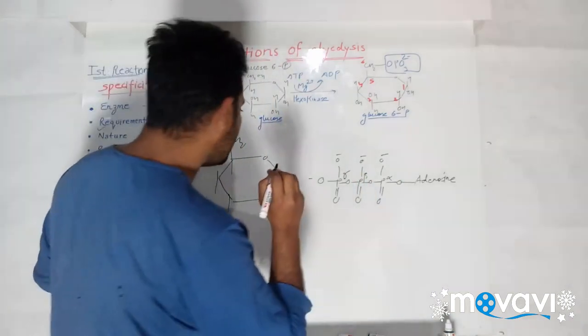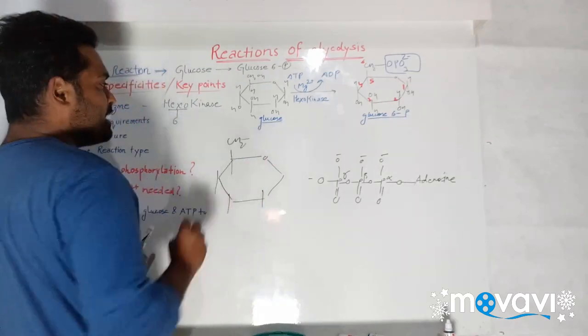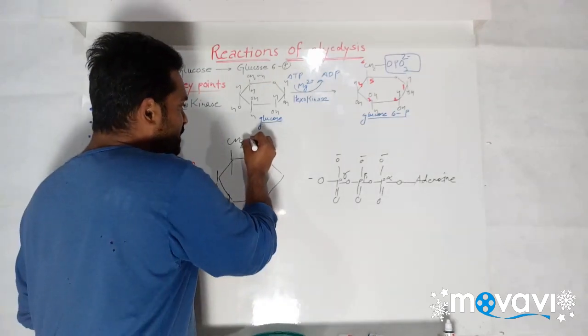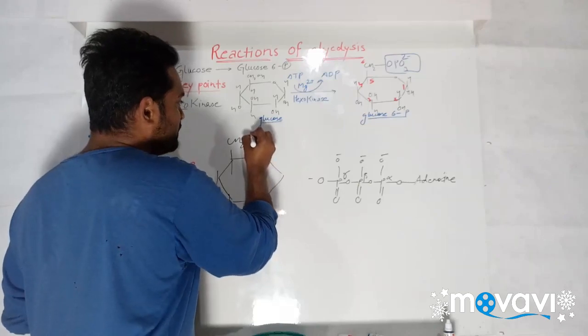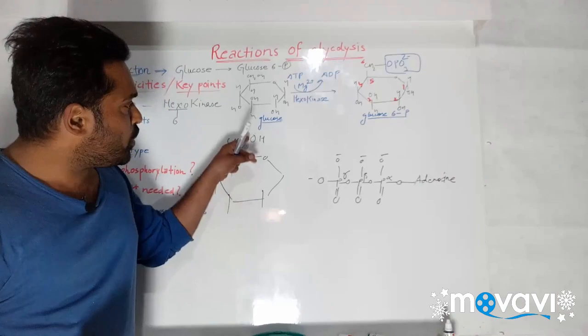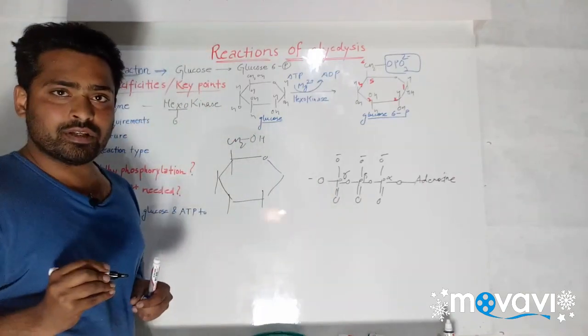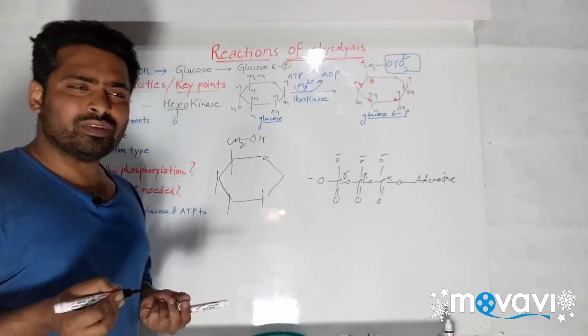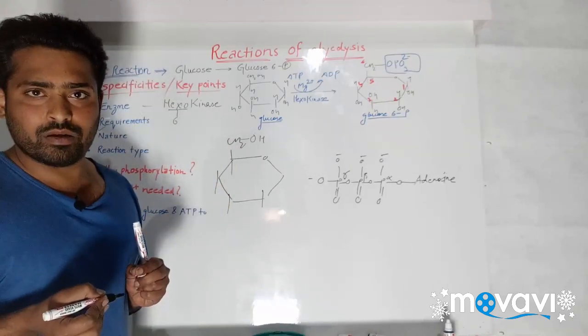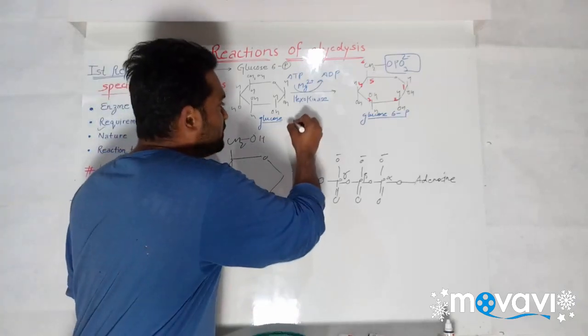Now this carbon containing the hydroxyl nucleophile wants to attack the gamma phosphate, but it cannot do it. What is the reason? What do we mean by nucleophile?